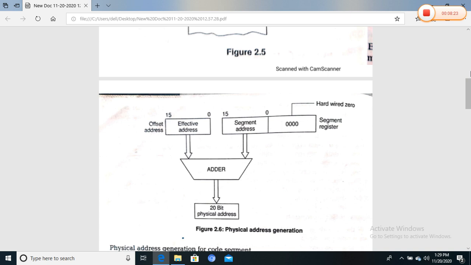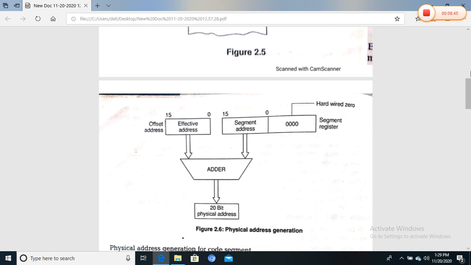Each memory location has a 20-bit address, which is called a physical address. In this diagram, the physical address is the combination of the base address and the effective address.